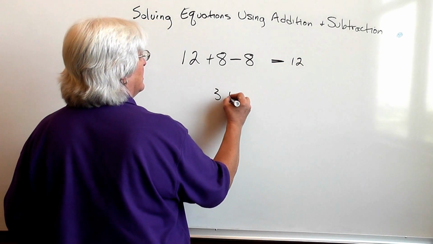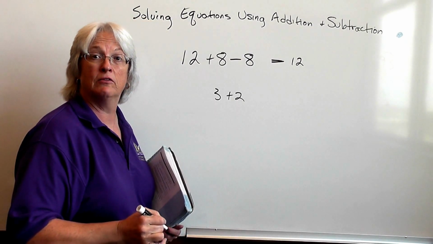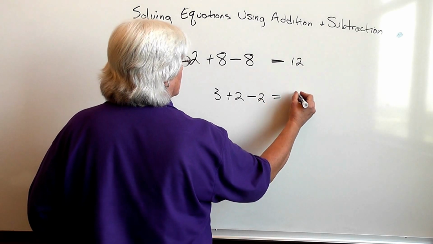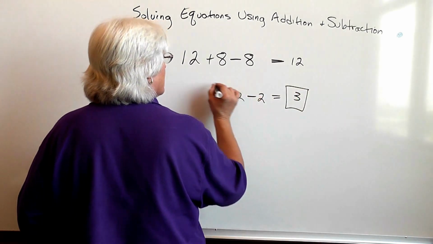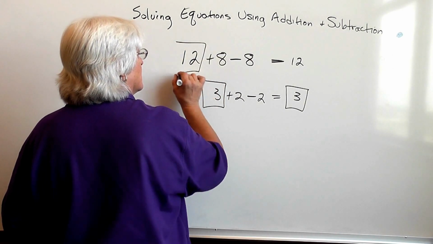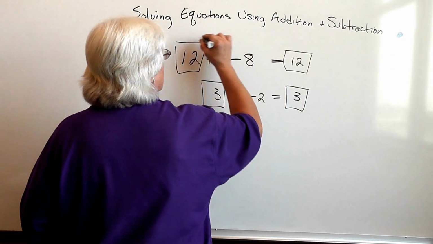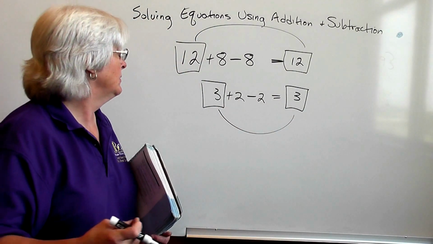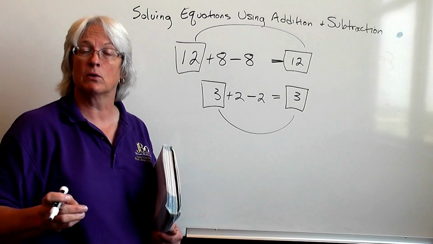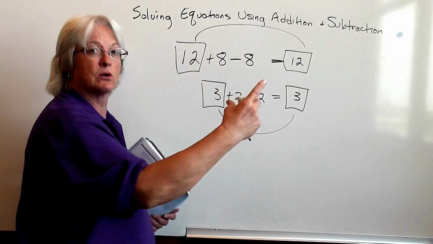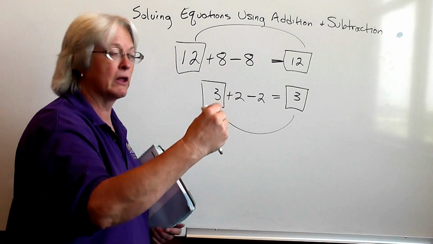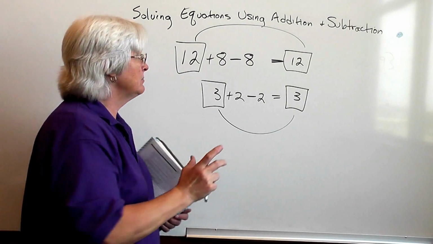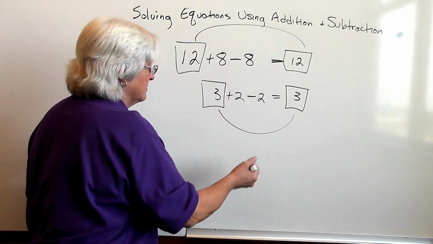If we have 3 plus 2, we get 5. We subtract 2 from that again, and we get 3. And what you see here, the number that we started with initially, the 12 in the first equation, and the 3 in the second equation, when we sequentially, which means in sequence, one after another, when we sequentially add and then subtract the same number, it has no difference.